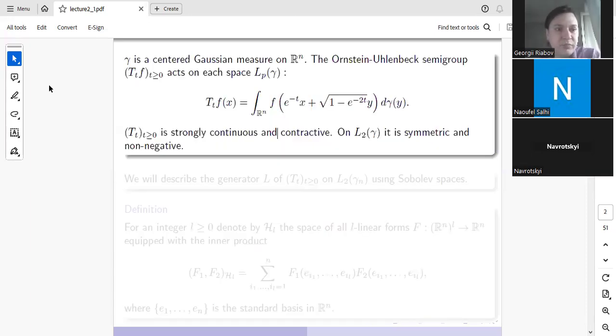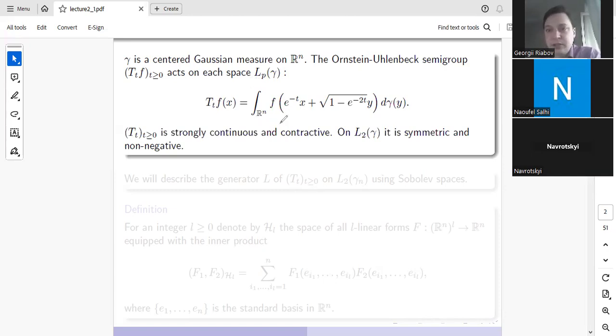For a centered Gaussian measure gamma on n-dimensional space, the Ornstein-Uhlenbeck semigroup acts on each space LP by the following expression.